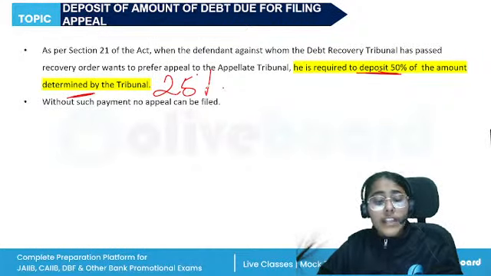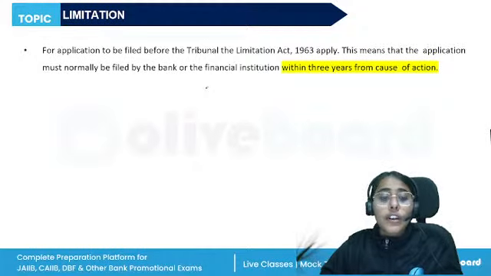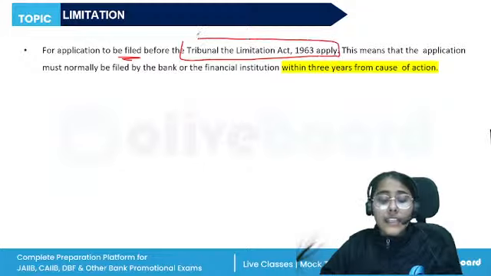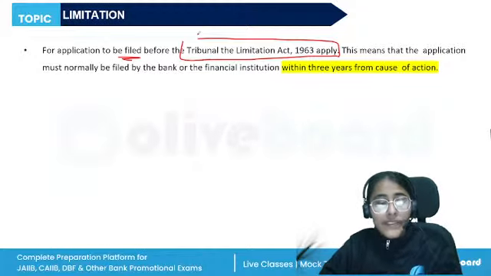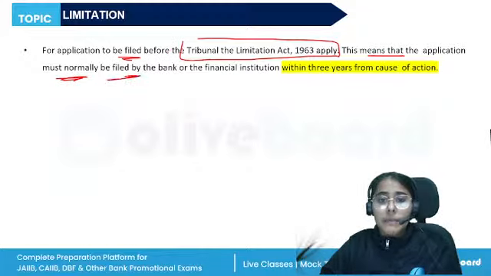Then finally we have the limitation. So for the application to be filed before the tribunal, the Limitation Act 1963 applies. We'll be studying the Limitation Act, the law of limitation, in Unit 23 of our Module C. So the Limitation Act applies and it says that the application must normally be filed by the bank or the financial institution within 3 years from the cause of action.